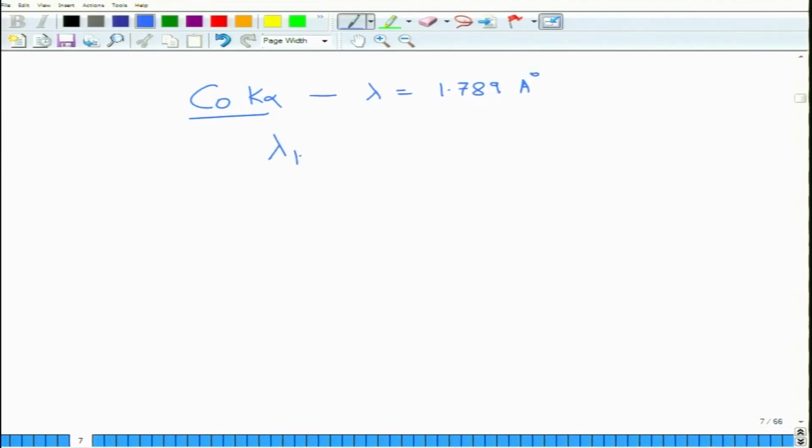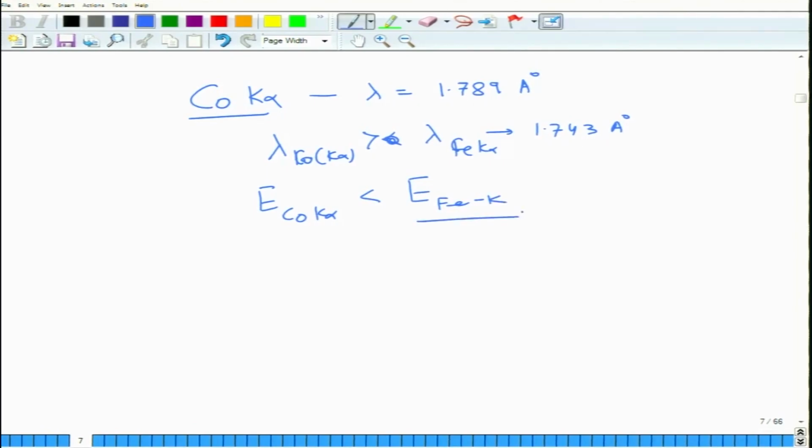So this lambda is higher than the lambda of iron, which is Fe K, which is, as I said, 1.743 angstrom. So which means the energy of Co K alpha is lower than the energy of Fe K. So there will be no absorption. Okay. So basically the same concept of the absorption edge.